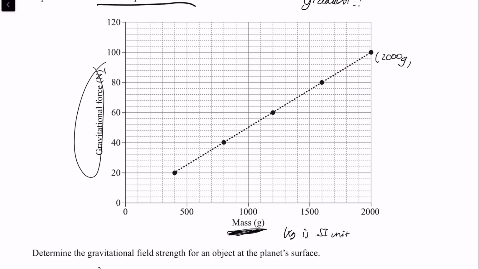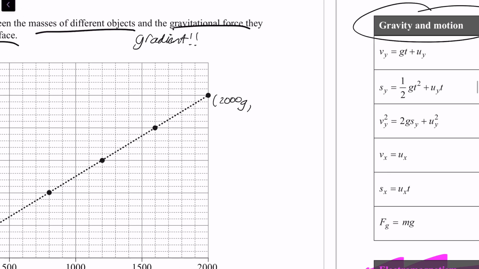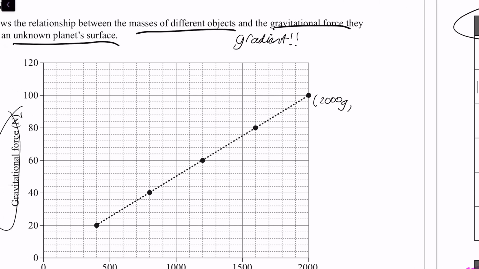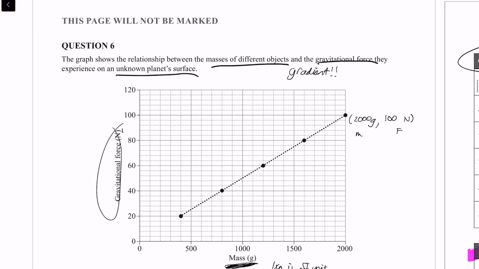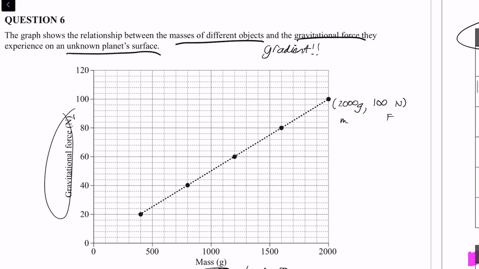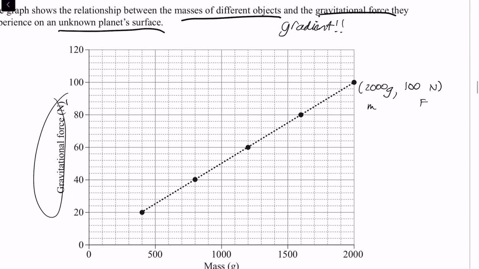Yes, so we have this max point, which is 2000 grams on the x-axis, comma 100, checking my units, newtons. Okay, so I know this is mass and this is gravitational force, which I remember is capital F, in newtons. And then this one similarly, so I know this is going to be 100, 200, 300, 400, 500.